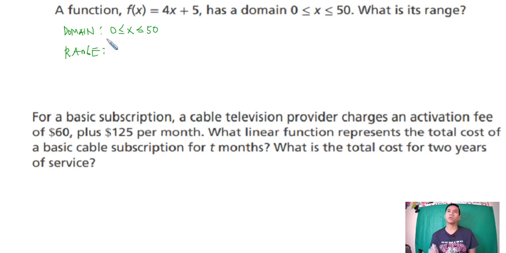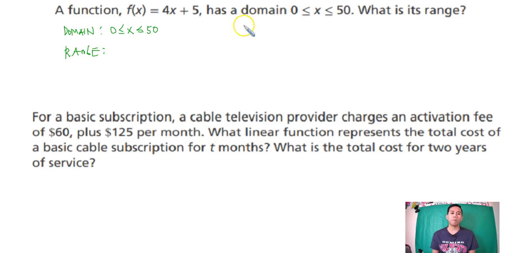You have 0 as the minimum and 50 as your maximum. 0 is the minimum of the domain, and the value of y there will be the minimum in your range also. And when you plug in 50 as the value of x, that is the maximum of your domain, and it will be the maximum of your range also.